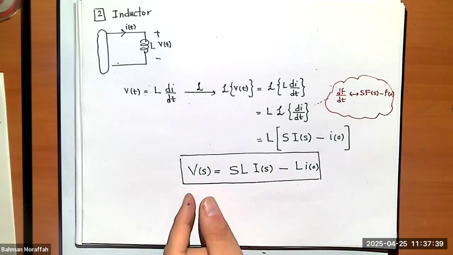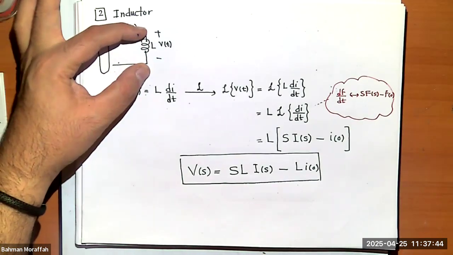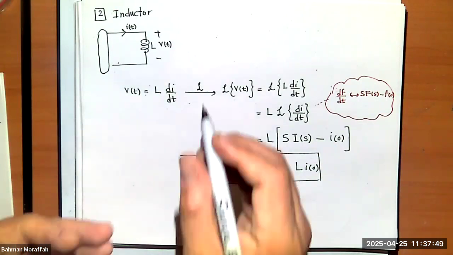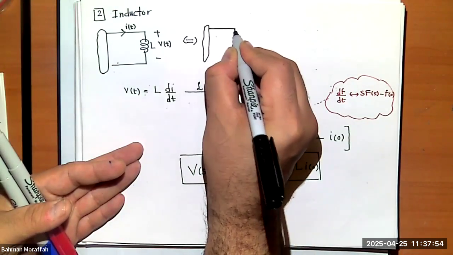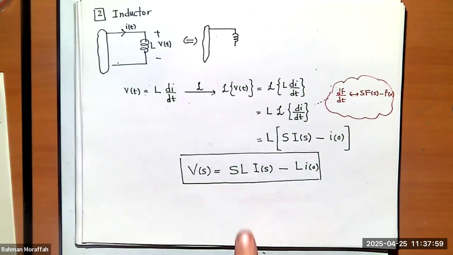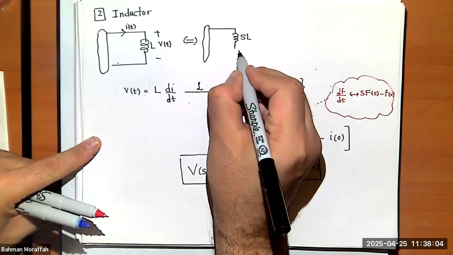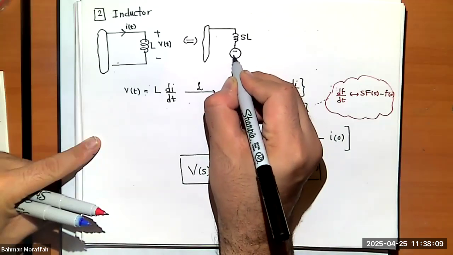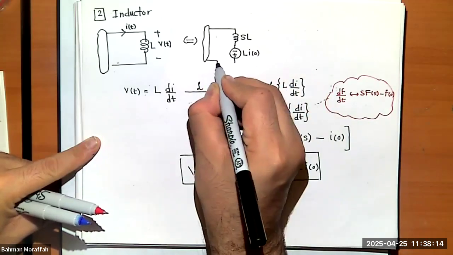Because this V of S should be the voltage across this L in the S domain. So my circuit in the S domain then becomes this inductor, which I know the value of is SL, followed by a voltage source, negative, positive, with I naught here.